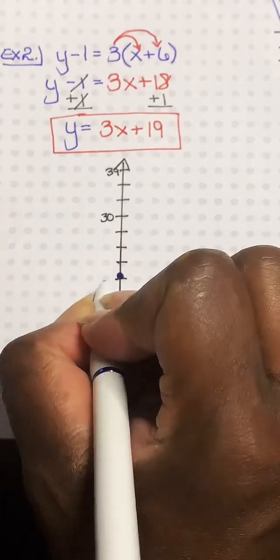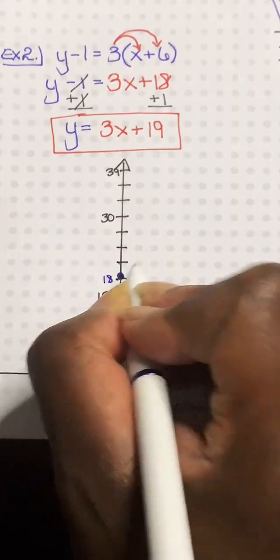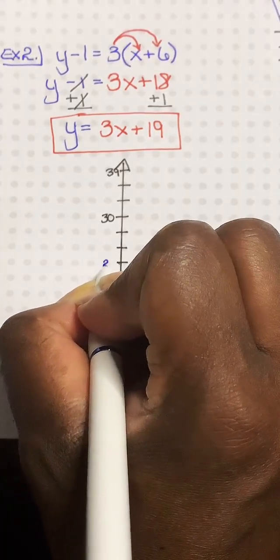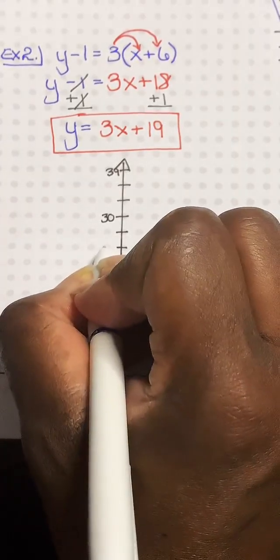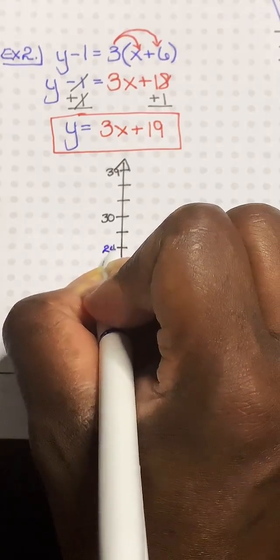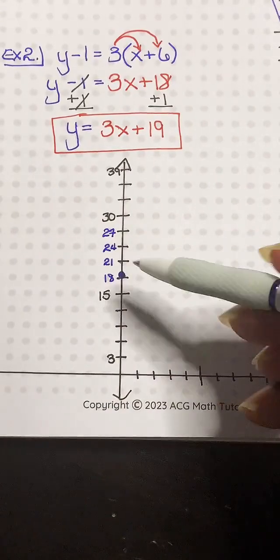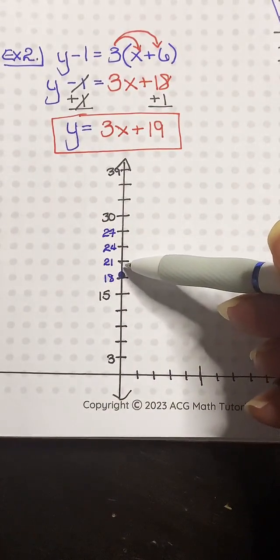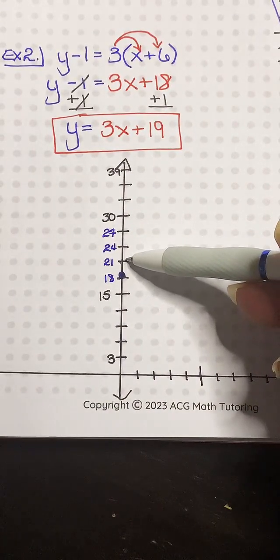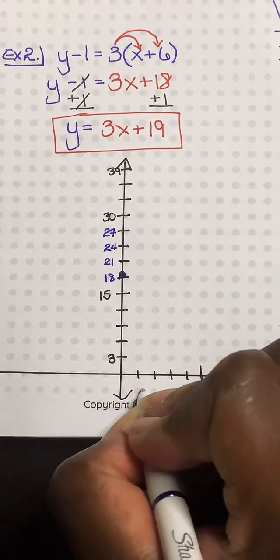Okay? So if you're not sure, this line represents the 18. This line represents the 21. If you want to count it that way, you got your 24. Here's your 27. Okay? So that means I need to get to 22. 22 is going to be just above 21. And now I have to go over 1.